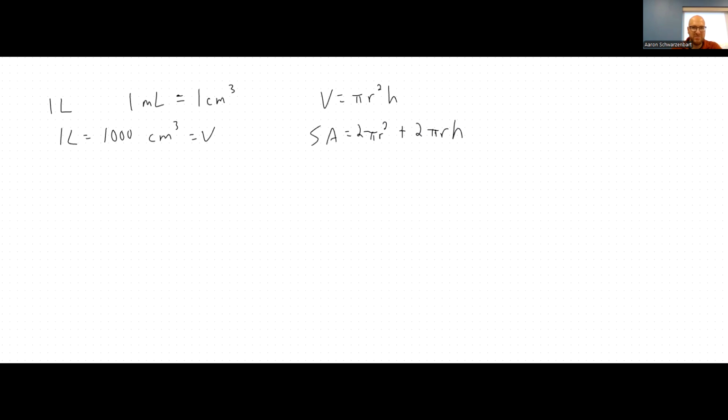So now it asks what dimensions will use the least material. So I'm going to plug in, I know the volume. I need to use this to eliminate one of the variables here. I'm going to solve for h, so I only have to plug in once. So that means dividing by pi r squared.